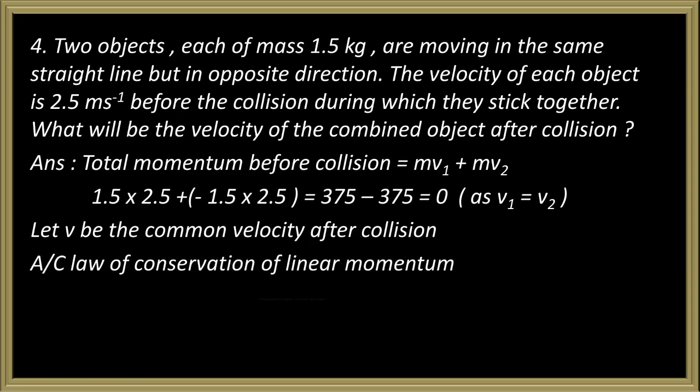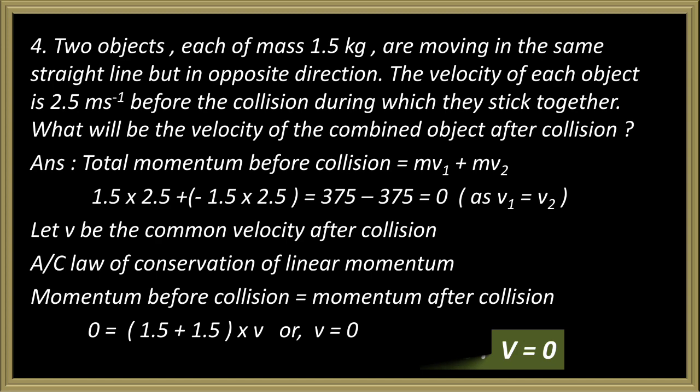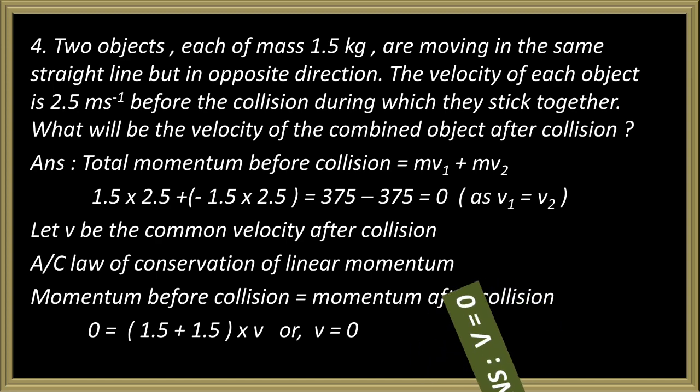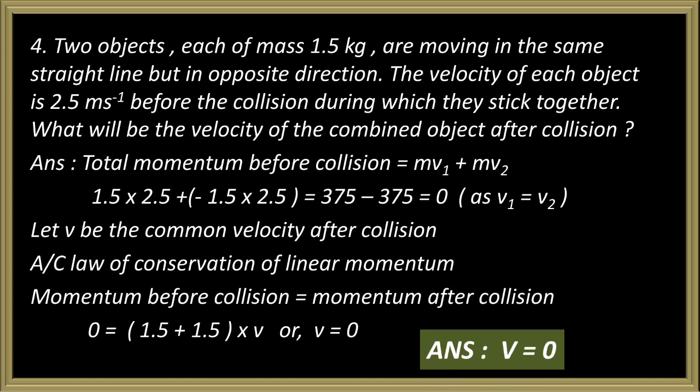Now in question 4, two objects each of mass 1.5 kg are moving in the same straight line but in opposite direction. The velocity of each object is 2.5 meter per second. Before the collision during which they stick together, what will be the velocity of the combined object after collision?